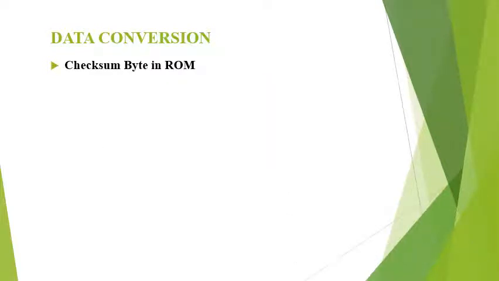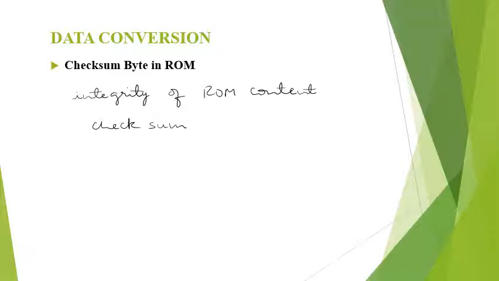Checksum byte in ROM to ensure the integrity of ROM content. The system must perform the checksum calculation. This process of calculation will detect any corruption of the data in ROM.